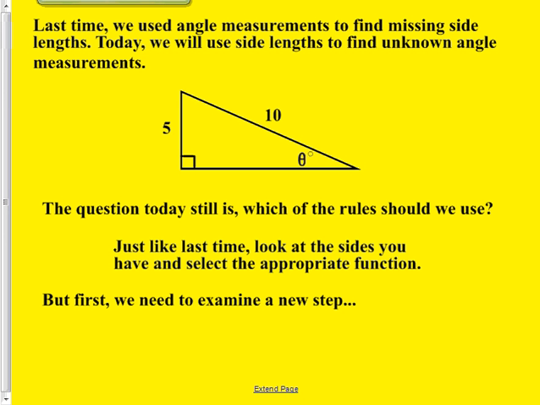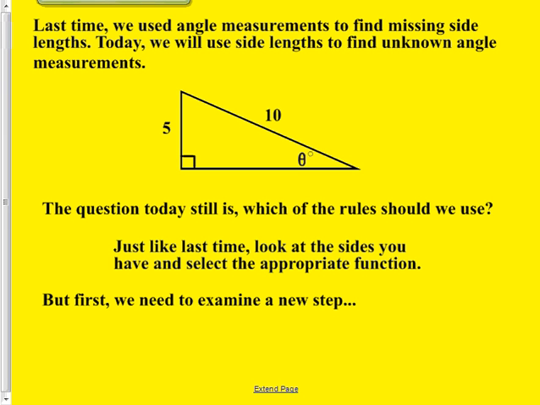Okay, so last time we used angle measurements to find missing side lengths. Today we're going to be using side lengths to find unknown angle measurements. So here's a triangle that is an example of the type of problems we're going to be having. This time it is theta that is unknown, and there are two side lengths in there which we could use as we see fit.